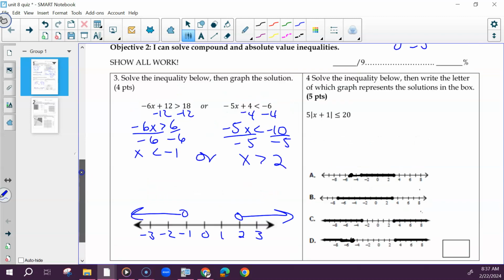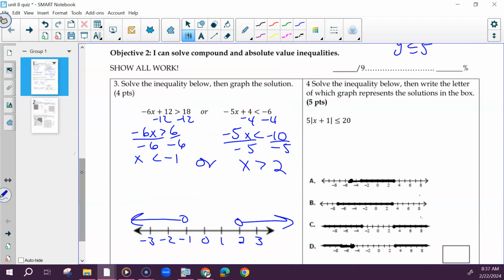And then number 4, get rid of the 5 by dividing. And then you could either know that this is less than, so it's "and", or at the end, graph it and see what that would look like.